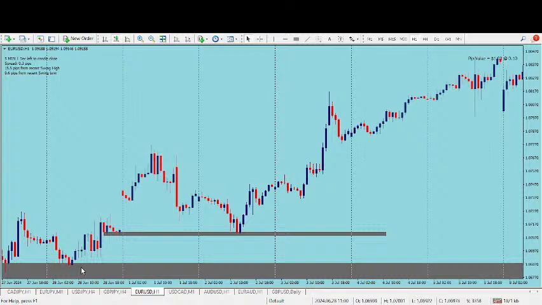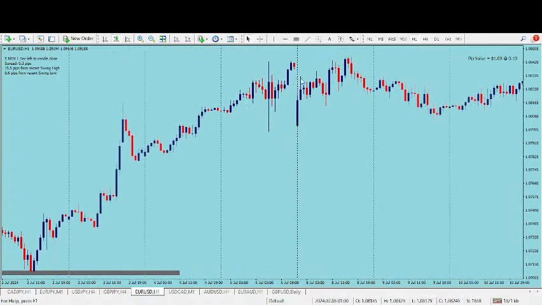They couldn't take out those lows. It moved up. It took out this high. It came down. It couldn't take out this low. It moved up. This is the low. It couldn't take out this low. But when it got here, they are now equal.